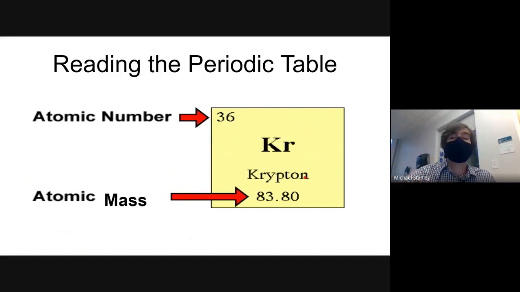Most atoms, their symbol lines up really closely with their name. So like carbon is a C, oxygen is an O, neon is Ne, tin is Ti, zinc is Zn. But there are some atoms that are a little bit different, that have kind of a weird symbol, like potassium is K, sodium is Na, gold is Au.